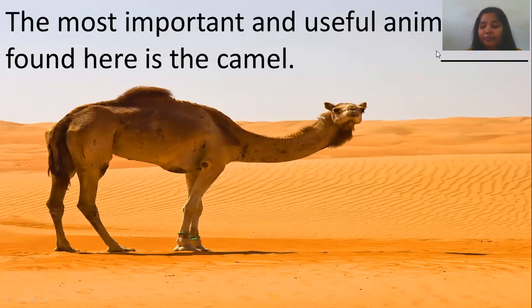And also, if we look at the picture, we can find that it has thick eyelashes also. Yes, so these eyelashes protect its eyes from sandstorms, right, students? So these are the special features that a camel has and that make it survive in hot deserts, right?